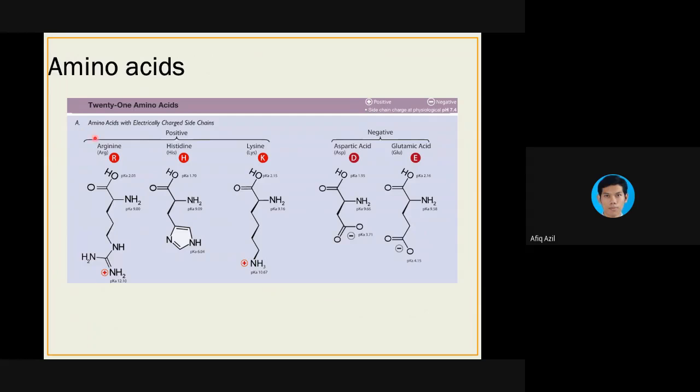So this one, where positive side chains, there are three. You have arginine, histidine, and lysine. Probably some of you may have heard a few of these amino acid types. And then for the negative, you have aspartic acid and also glutamic acid.